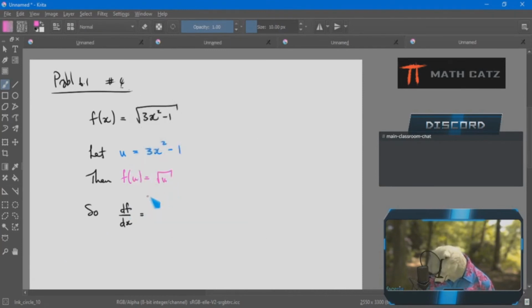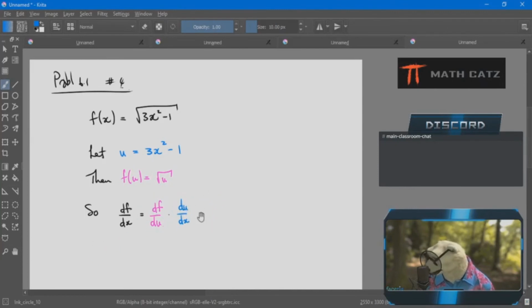I want to be pink, right? Derivative of the outside function. And you see its variable is u, times derivative of the inside function. And you see its variable is x. So these are completely separate derivatives.